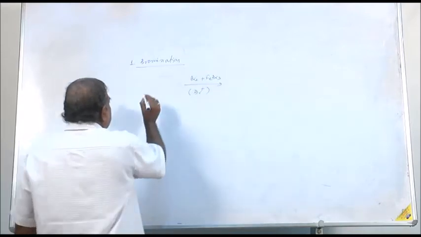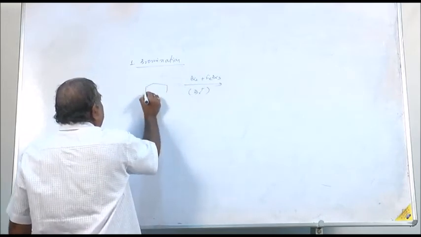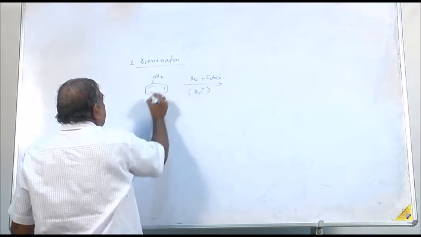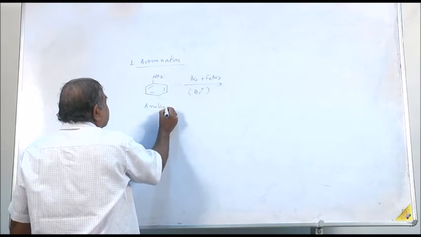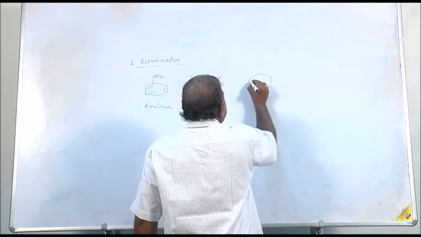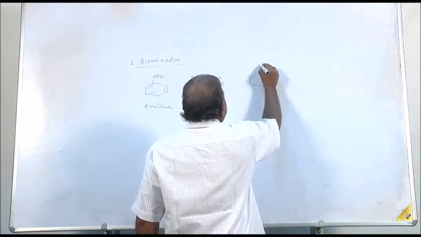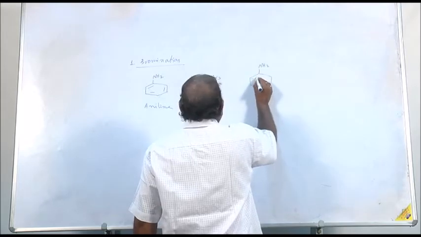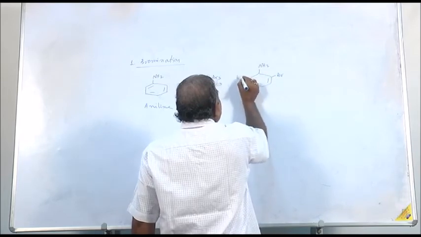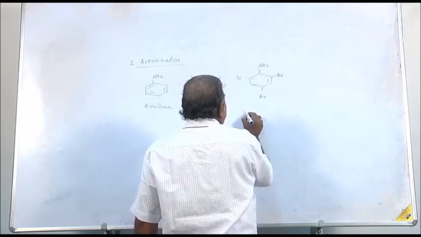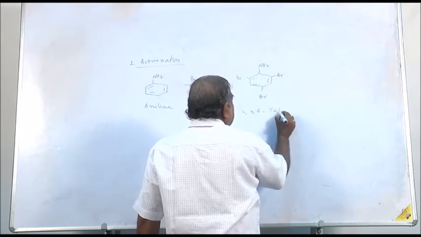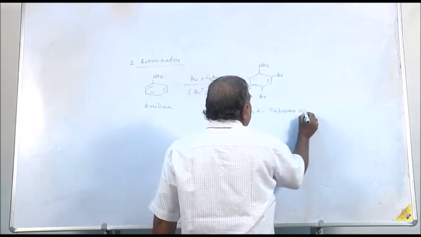All its ortho and para positions are brominated, giving you 2,4,6 tribromoaniline. There are 2 ortho positions and 1 para position. All the ortho and para positions are being brominated to give you 2,4,6 tribromoaniline.